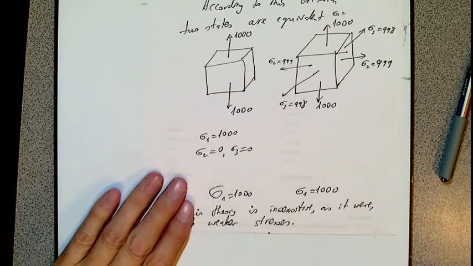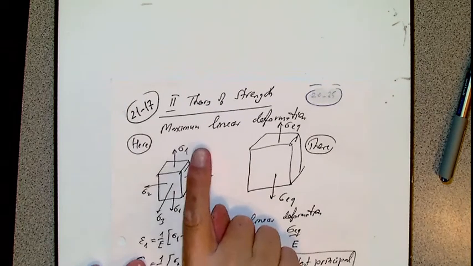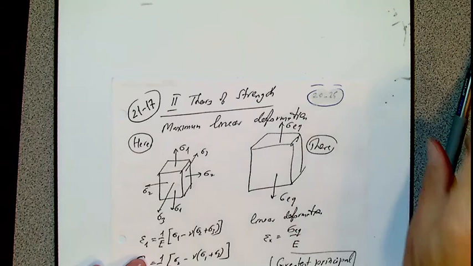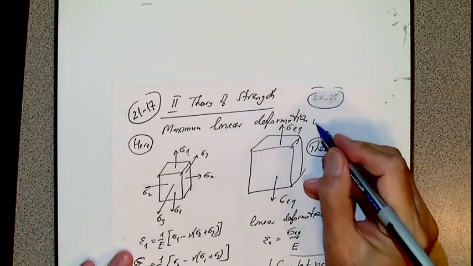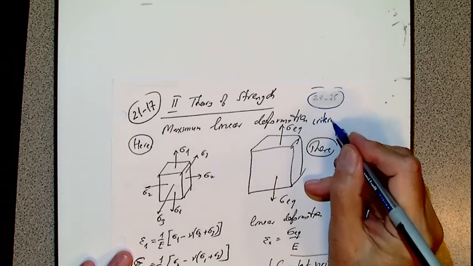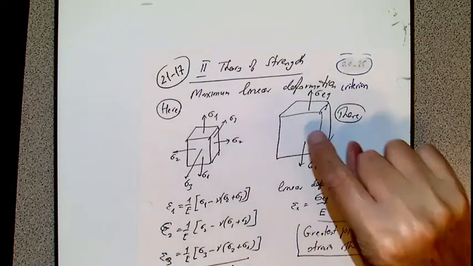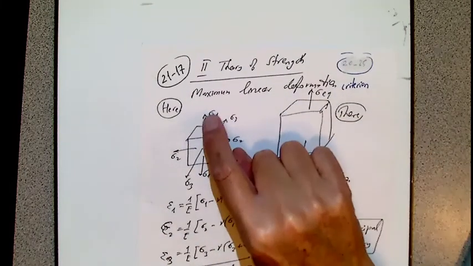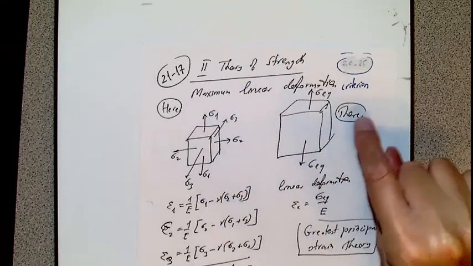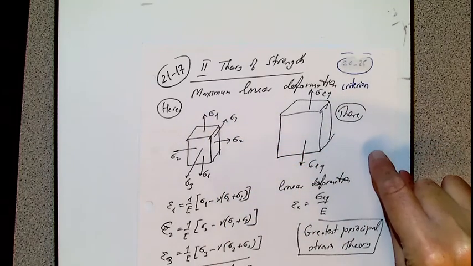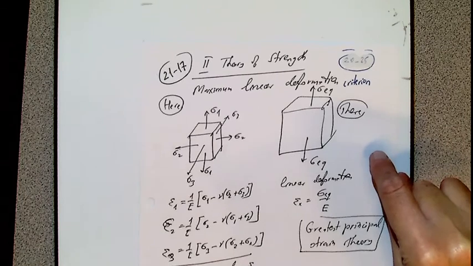Okay, we continue. The second one is the maximum linear deformation criterion. So I have this stress and this. Here is sigma 1, sigma 2, and sigma 3, and here is sigma equivalent.